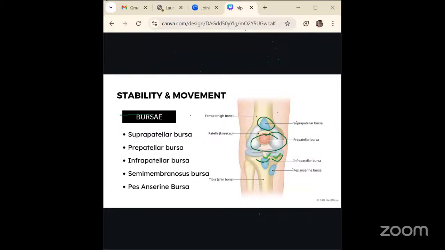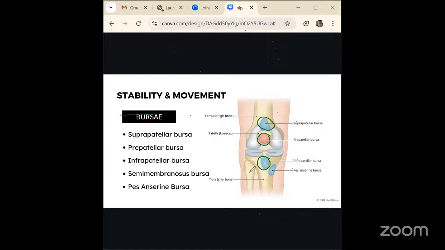Let me clean this thing, it is confusing. Okay, I've cleaned it. Then this one is suprapatellar, above the patella. Prepatellar simply means it is between the patella and the skin, so it's just in front of the patella. Then the next one is infrapatellar, which is below, directly below the patella.